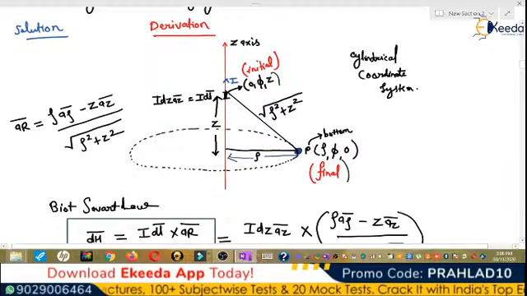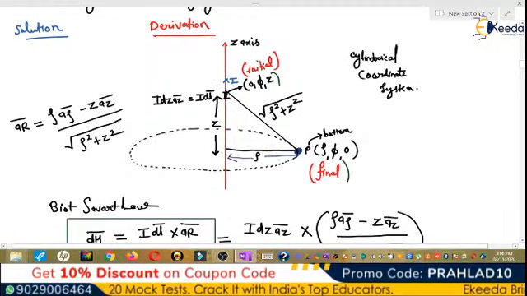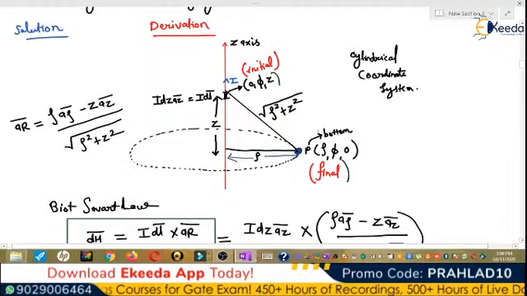The coordinates of this small current carrying element are 0, 0, z, and the point where we have to calculate the magnetic field is rho, phi, 0. So aR vector is rho minus 0 a rho, plus phi minus phi, which cancels, plus 0 minus z az, divided by under root of rho square plus z square.